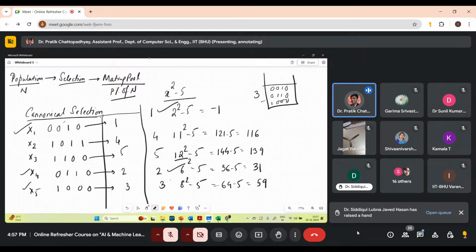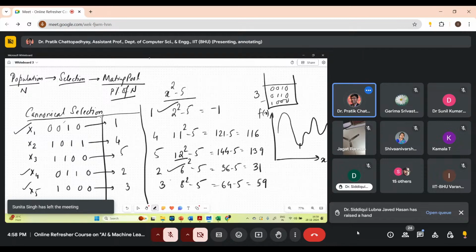But another difficulty with canonical selection is, suppose the function I am optimizing has this shape, and this is the optimum value, the minimum value of this function. So if this is f(x), this is x.